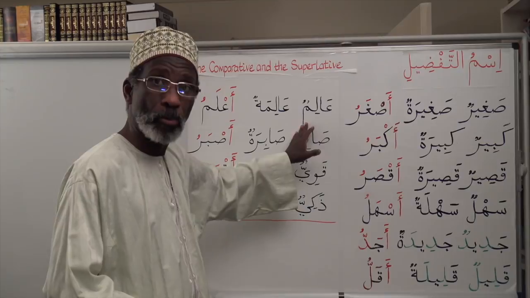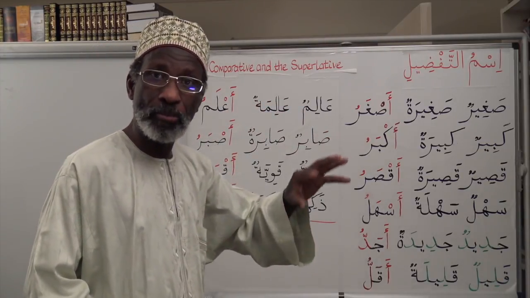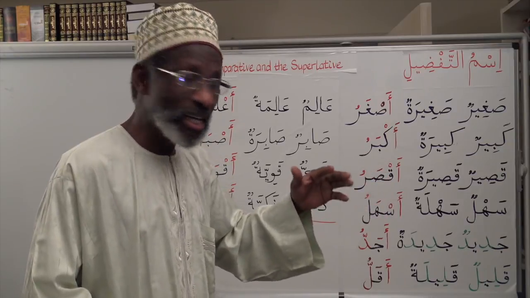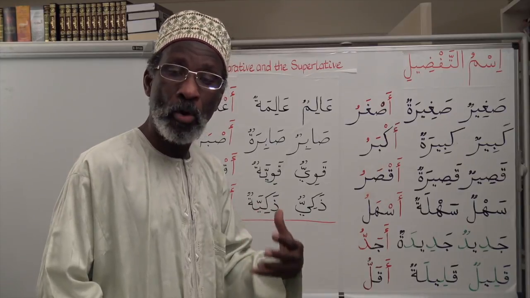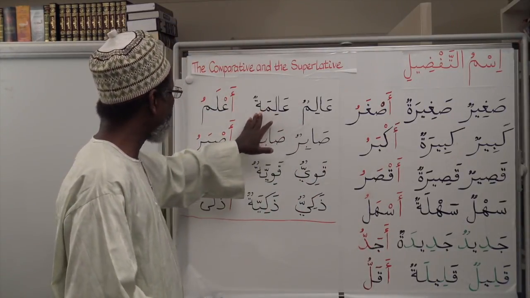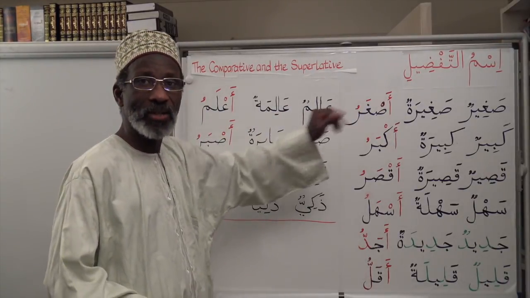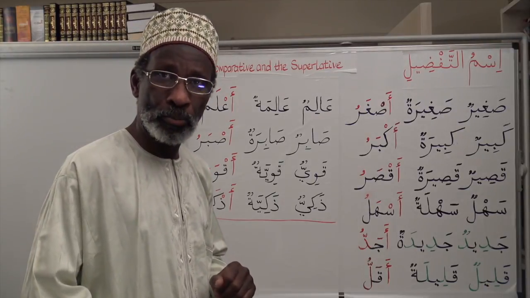That means a knowledgeable person. Now, a'lamu is more knowledgeable than. And here for instance, sabirun, that's patient, becomes more patient than whoever. Alimun, alimatun, a'lamu, the same pattern as asgharu, and sabirun, sabiratun, asbaru.